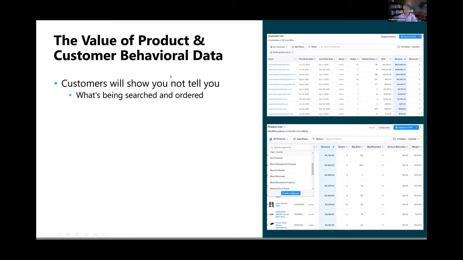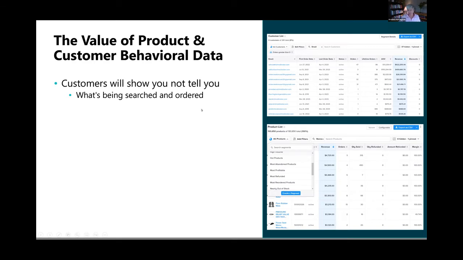And here are some of those things that a site will give you. And I hope what this does is help you to start to explore, as an aftermarket parts organization, what would you do if you had this data, right? So what's being searched and ordered? So think about that.